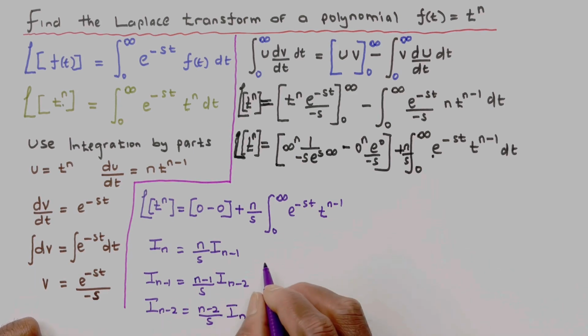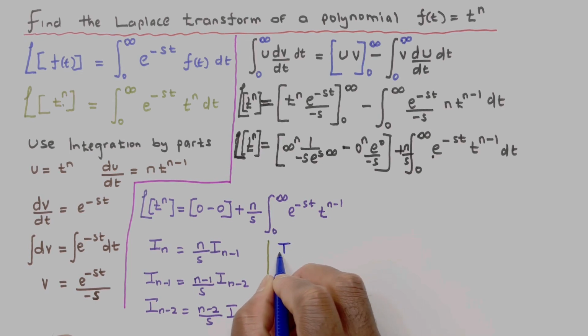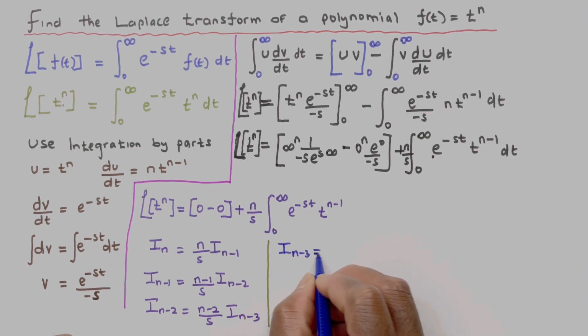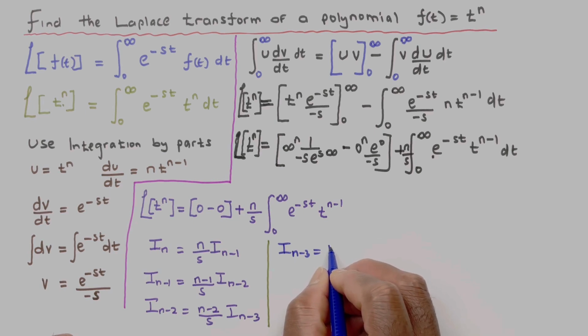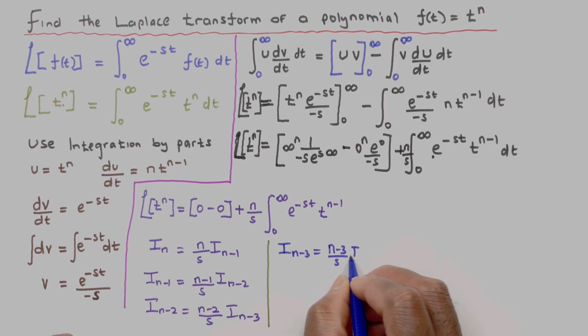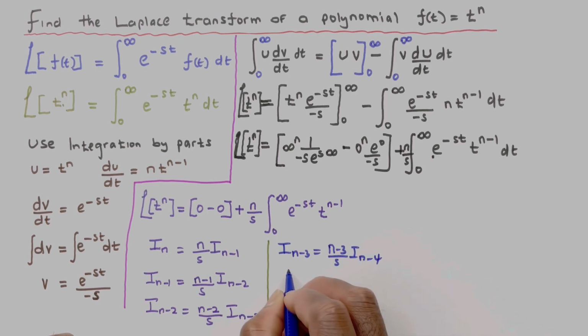So that goes on until we get, let's do another one, I subscript n minus 3. That'll be n minus 3 over s times I subscript n minus 4. And then until we get to 1. How can we get 1?